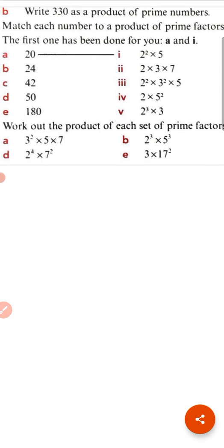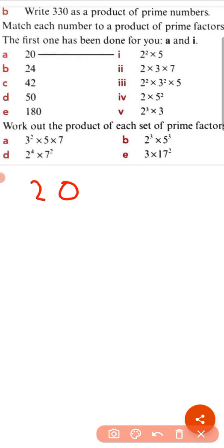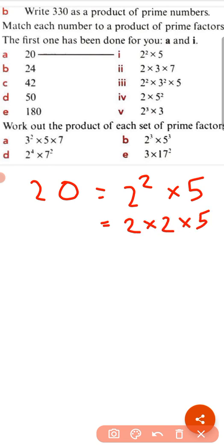The first one, 20. 20 is equal to 2 to the power of 2 into 5. Let us check this, children. 2 to the power of 2 means 2 into 2 into 5. 2 into 2 means 4. 4 into 5. So 20 is the correct answer.